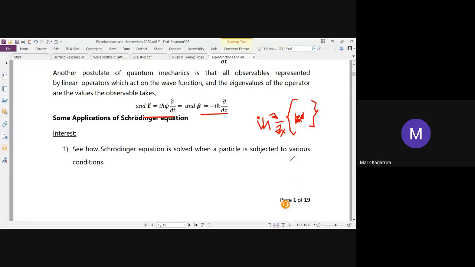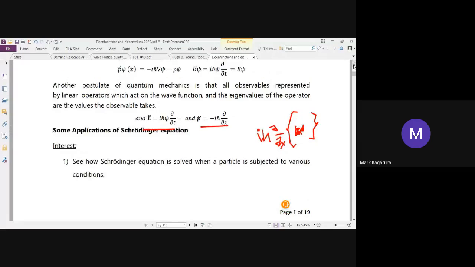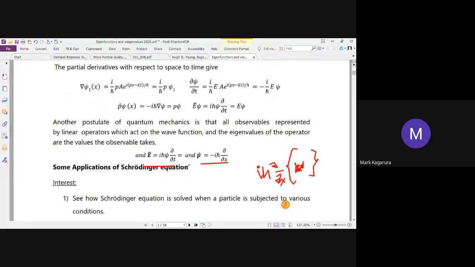Once it operates on something, we can feed these operators the time function and then the x function, and they'll give us the derivation of the Schrödinger equation. Remember, this is equal to p squared over 2m.